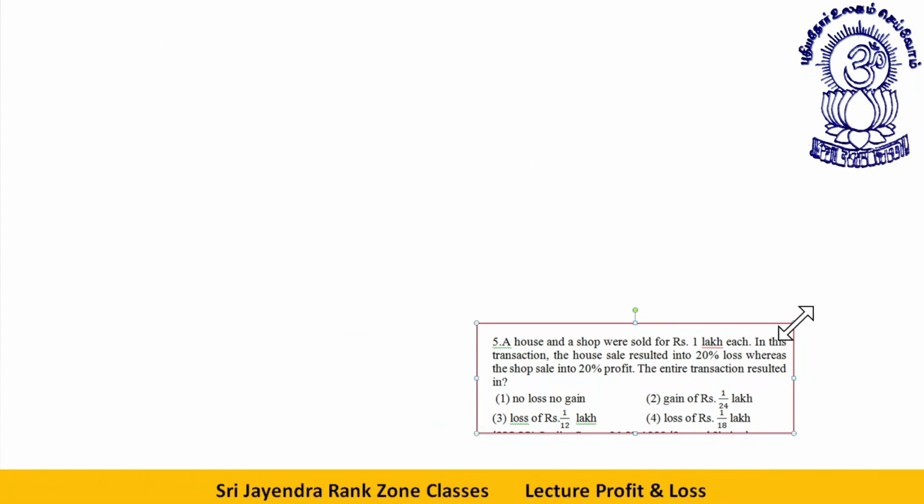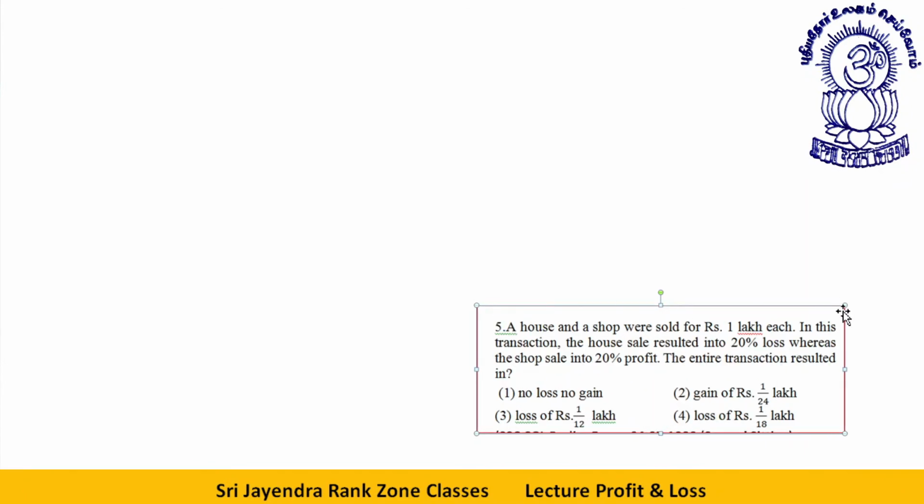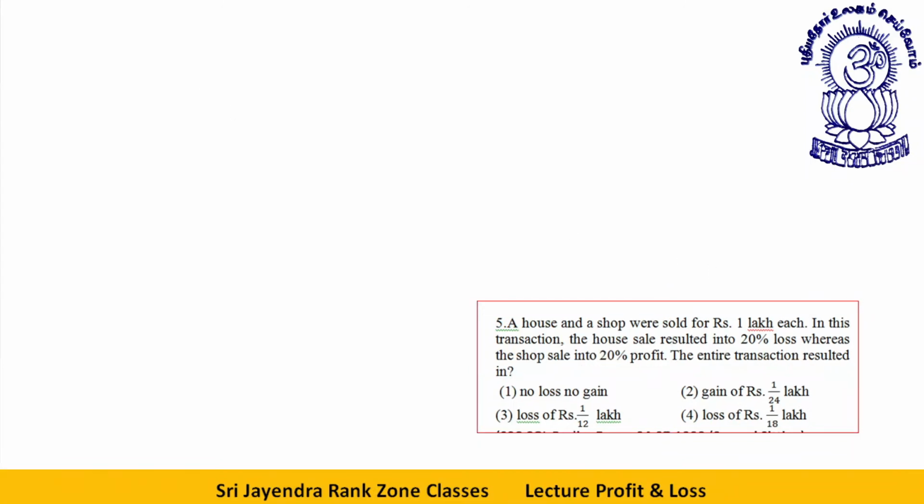Let me increase the size also. A house and a shop were sold for rupees 1 lakh each. In this transaction, the house sale resulted in 20% loss, whereas the shop sale resulted in 20% profit.